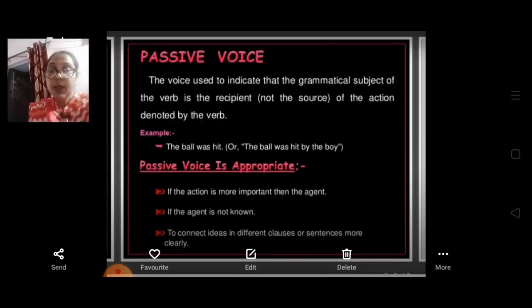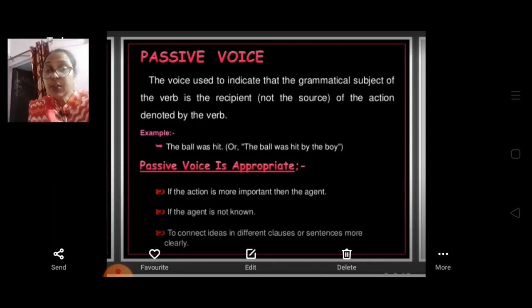And the third point: if the emphasis is on the thing or the person who received the action. For example, the letter was delivered. The letter is given importance. That time we are going to use passive voice.